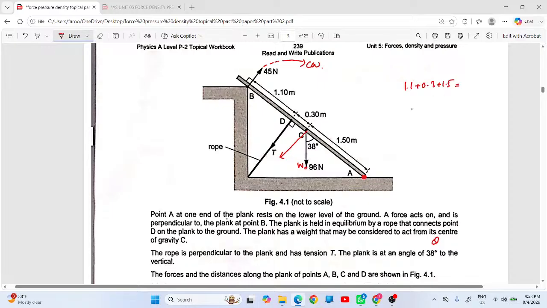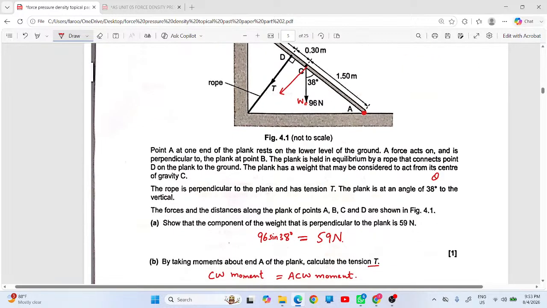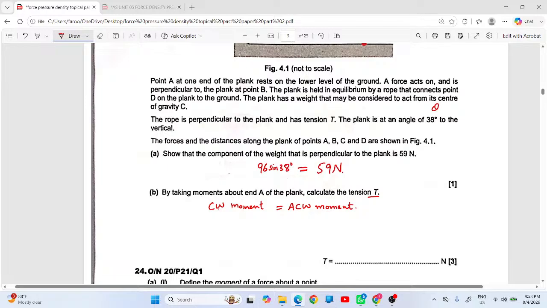कितना आता है? 5, 6, 7, 8, something 2.9. Yes, 2.9. So clockwise moment is due to 45 and its distance from the pivot is 2.9.